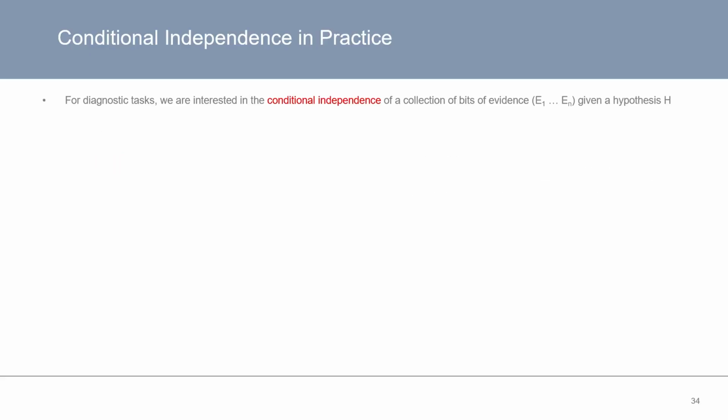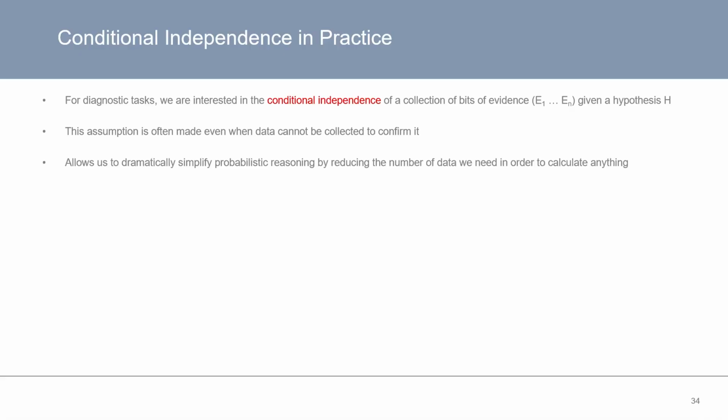Now let's talk about how conditional independence comes into play in practice. For diagnostic tasks, we're interested in conditional independence of a collection of bits of evidence, which we'll call E1 through En here, given some hypothesis H. This assumption is often made even when the data can't be collected to confirm it, and this is for a number of practical reasons.